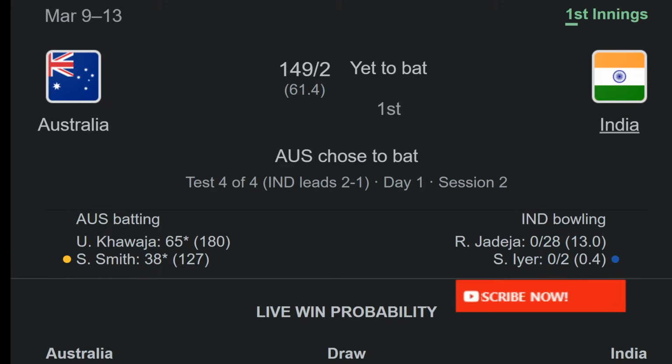Here comes Iyer to Smith. Plays the ball towards the extra cover region. 62 overs completed. 149 for the loss of 2 wickets.